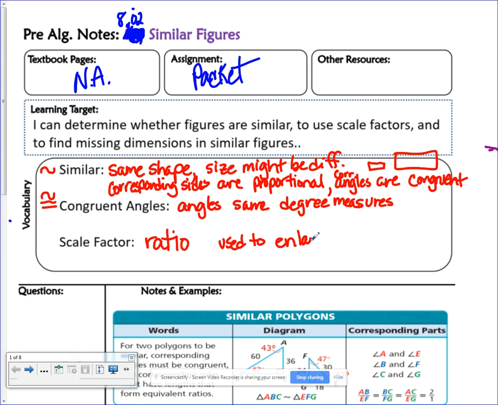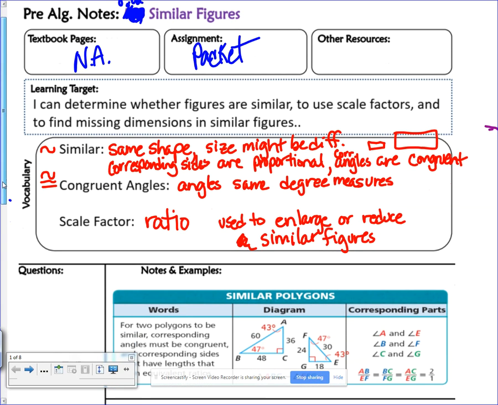So I'm going to say enlarge, makes bigger, or reduce. And should we just say an object? I guess I'm going to say similar figures. Let's just keep it all tied in with this vocabulary. All right, you're going to hear these phrases a lot in vocab.